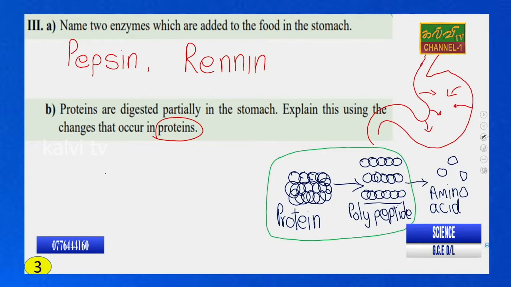We can say they have mentioned partially. Partially means that protein is converted into polypeptide. Actually, the enzyme which helps to convert this is pepsin. That enzyme is pepsin.